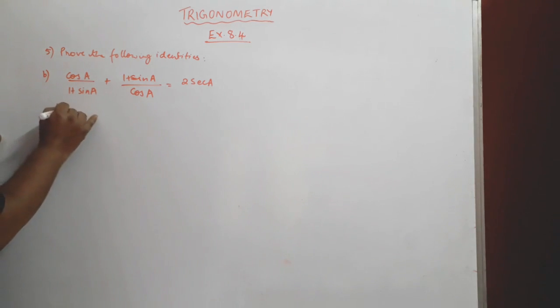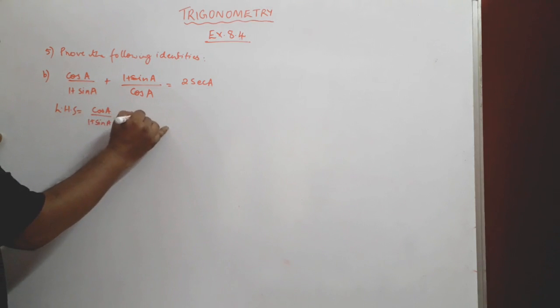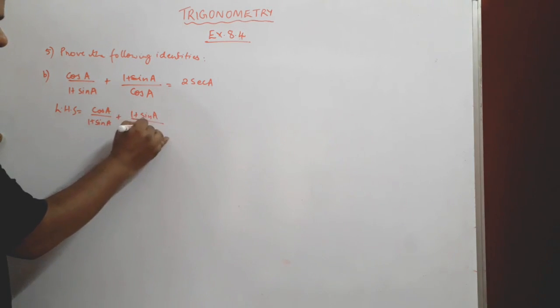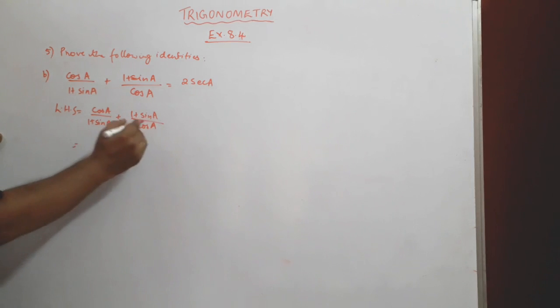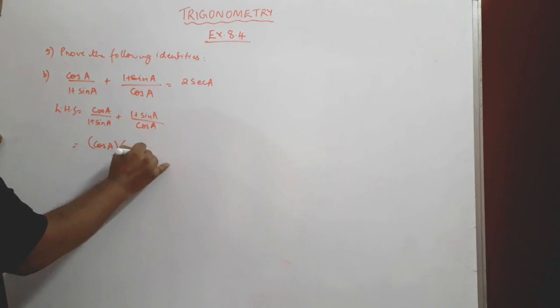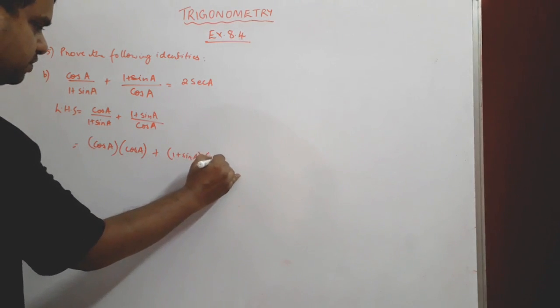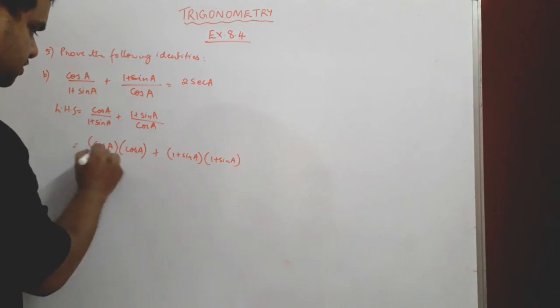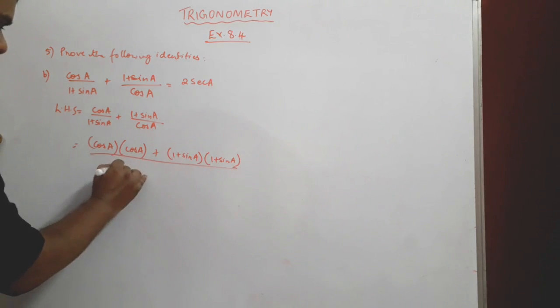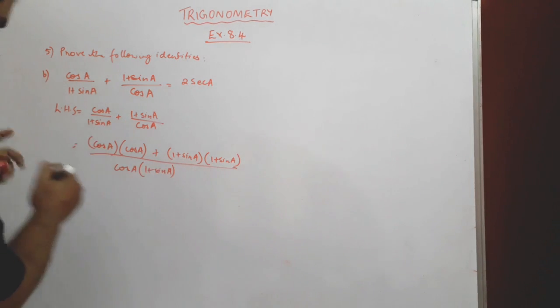Let's begin with our left hand side, which is cos A upon (1 plus sin A) plus (1 plus sin A) upon cos A. So to get the LCM, we will cross multiply and we get cos A into cos A plus (1 plus sin A) into (1 plus sin A), whole thing upon cos A into (1 plus sin A).